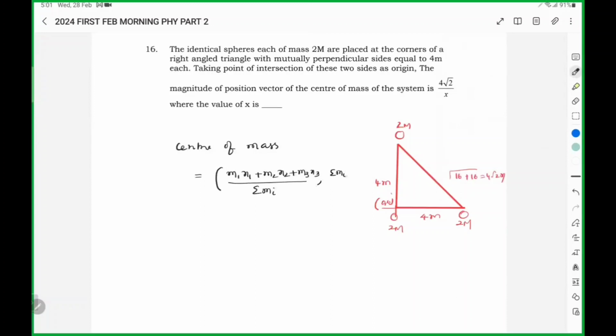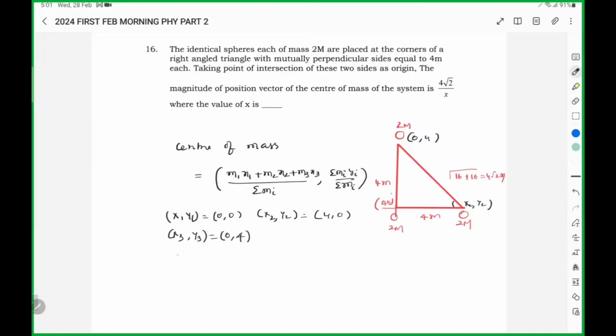Similarly, sigma mi yi by sigma mi. Here x1, y1 is 0 comma 0, x2, y2 is 4 comma 0, and x3, y3 here is 0 comma 4.